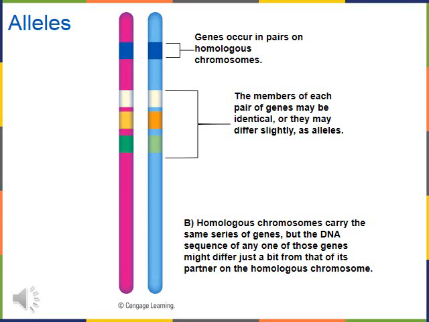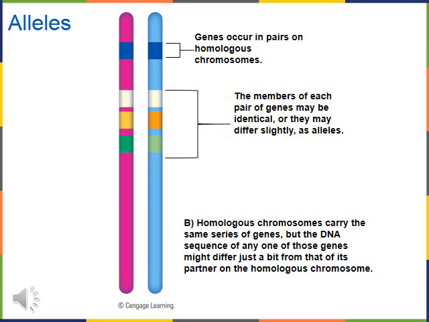So let's say this is your hair gene, and everybody doesn't have the same color hair. You can get this variation from your genes, and that will indicate what color hair you're going to have.